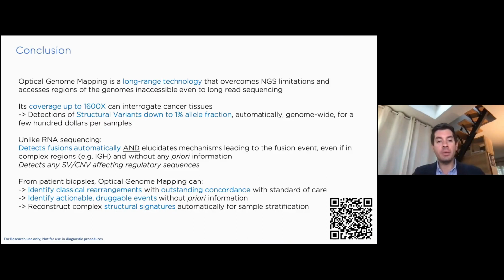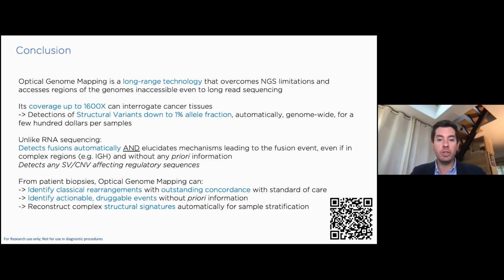From this, I would like to conclude by saying that optical mapping is a long-read technology that really overcomes NGS limitations thanks to its 1600x coverage, which can interrogate heterogeneous tissues and allow detection of SVs down to 1% allele fraction, automatically and genome-wide, for just a few hundred dollars per sample.